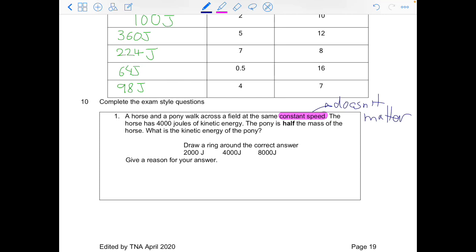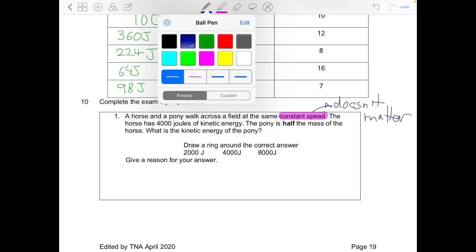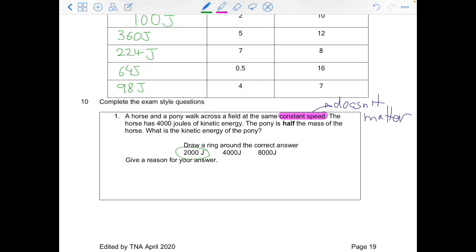So because we're not squaring the mass, we're simply multiplying it. If you multiply a number by half, you end up with half the amount. So the correct answer here would be 200 joules.